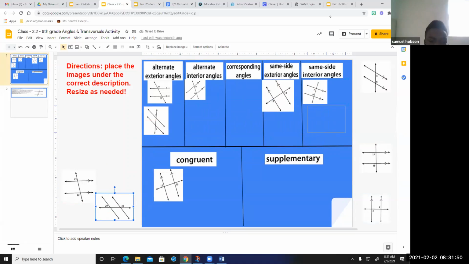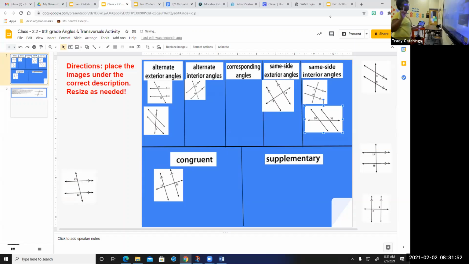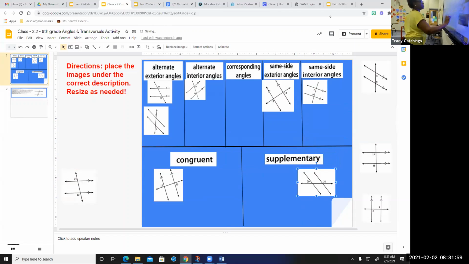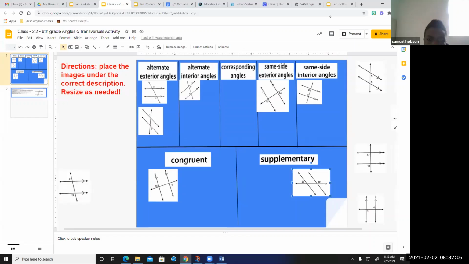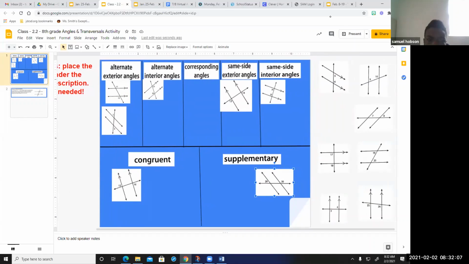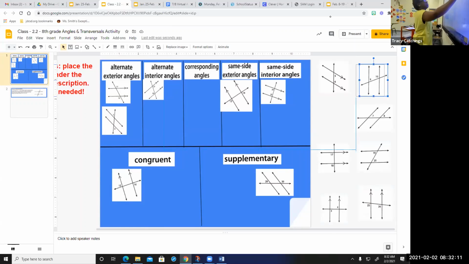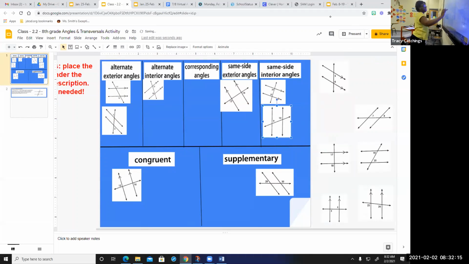Also what? Supplementary. Good job. 9 and 10 are same side interior. Good job. Same side. That was exterior.